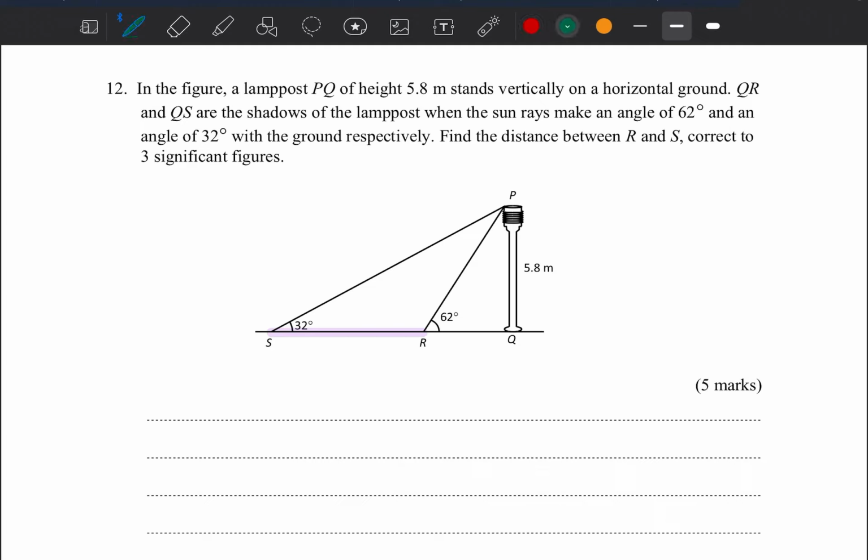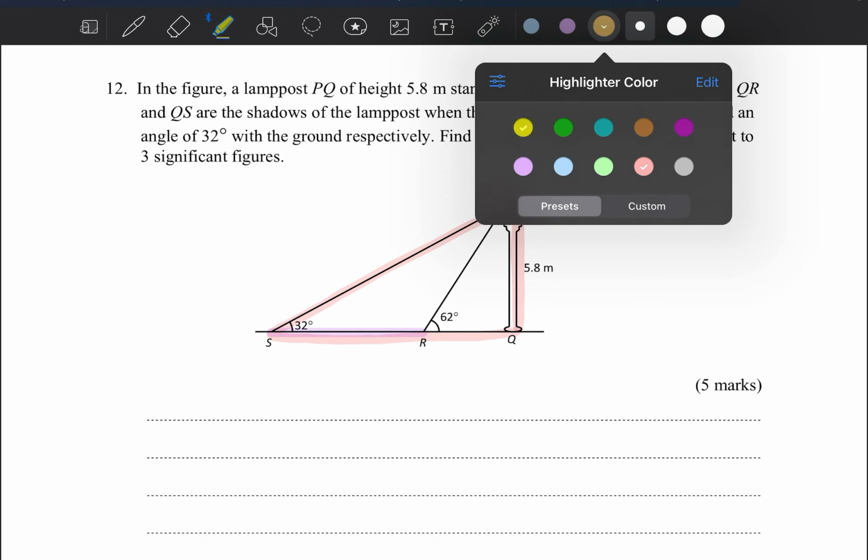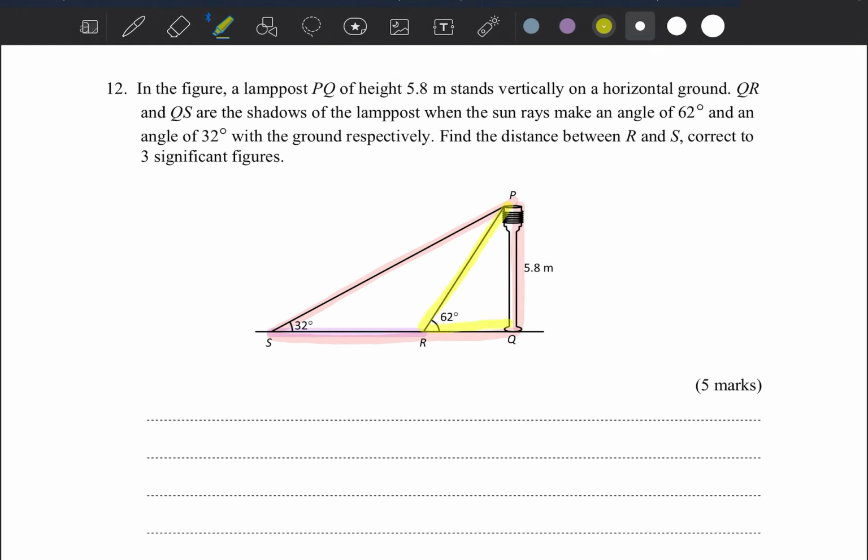This distance they want to ask, you can't find directly because this distance is not in your right angle triangles, and you only have the information of 32 degrees, but this height they share.